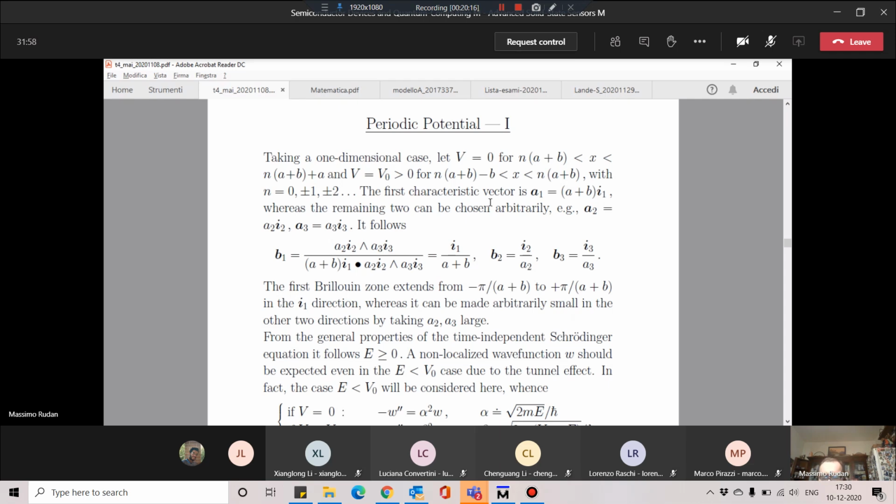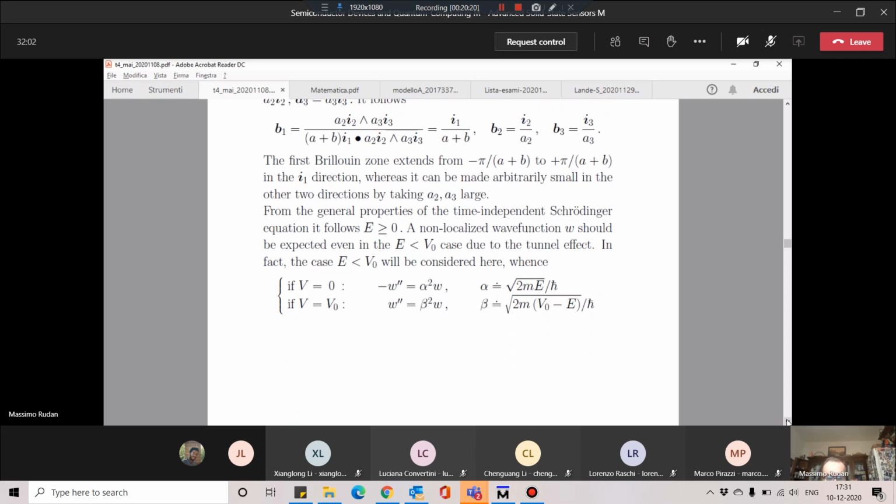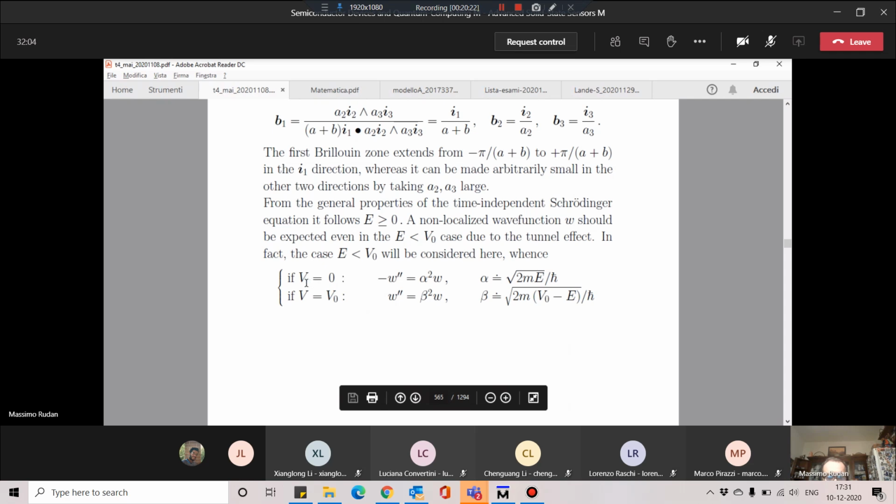So if we take one of the intervals in which the potential energy is 0, like here, you remember E is larger than the potential energy because the potential energy is 0. And of course, you remember that E cannot be smaller than the minimum of the potential energy, so E must be positive.